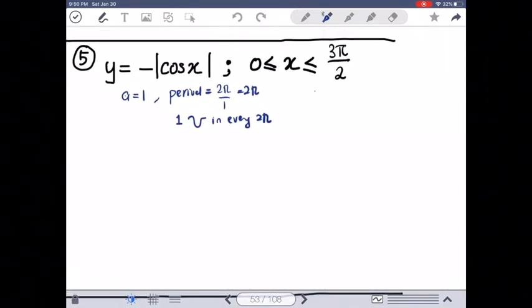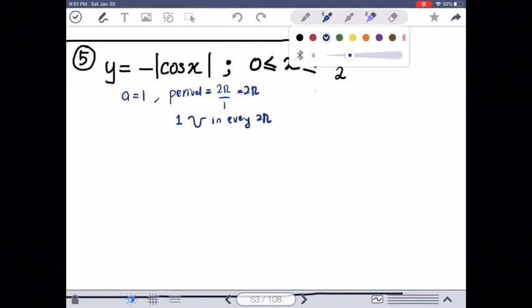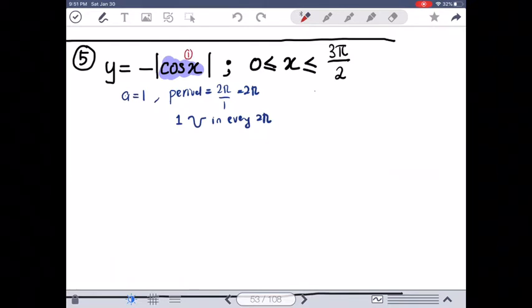And we have a negative here and modulus. So the first step, deal with inside. That is the first thing that you need to draw. Second, from inside to outside, so we deal with modulus. That is the second step. The third step is you deal with the negative. Okay, right.